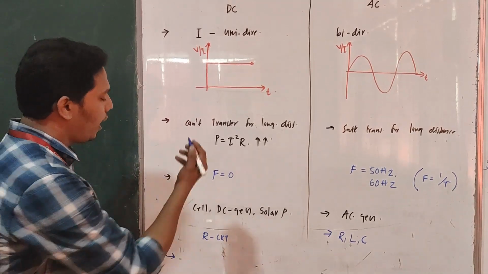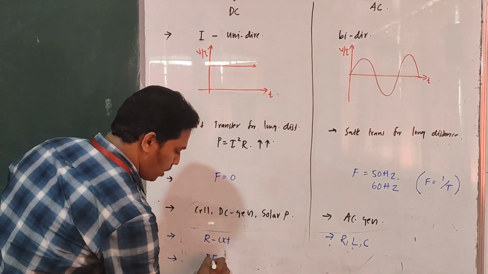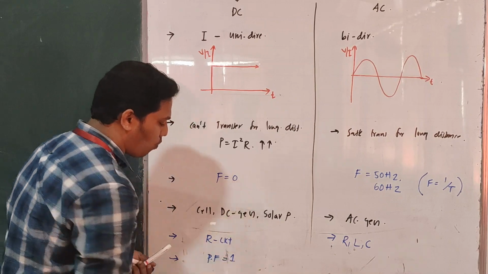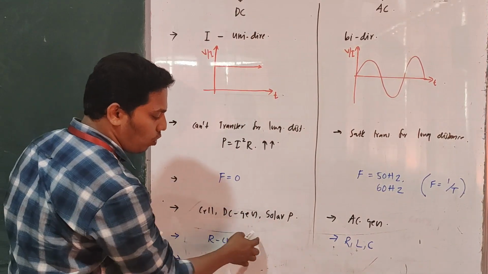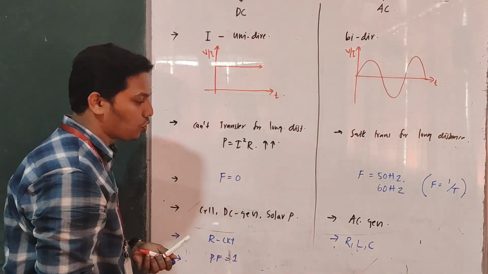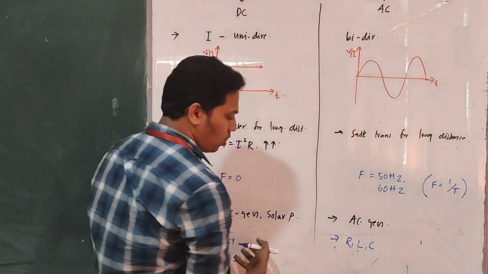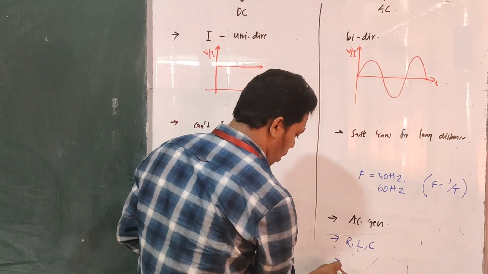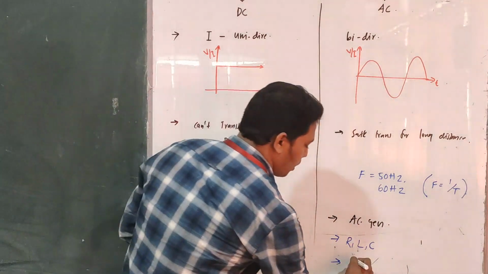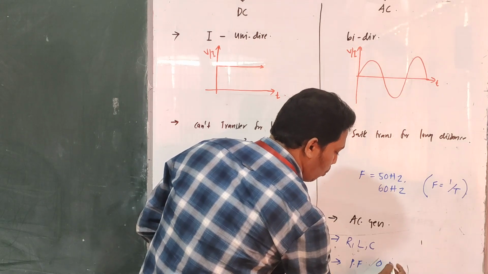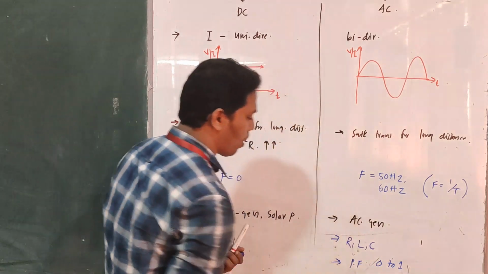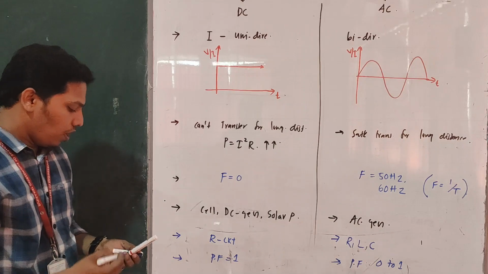Another point: in the DC system, the supply power factor is equal to 1 because in a resistive circuit the voltage and current are in phase. So the angle is 0, the power angle is 0, and the power factor is unity. But in an AC supply, the power factor lies between 0 and 1.